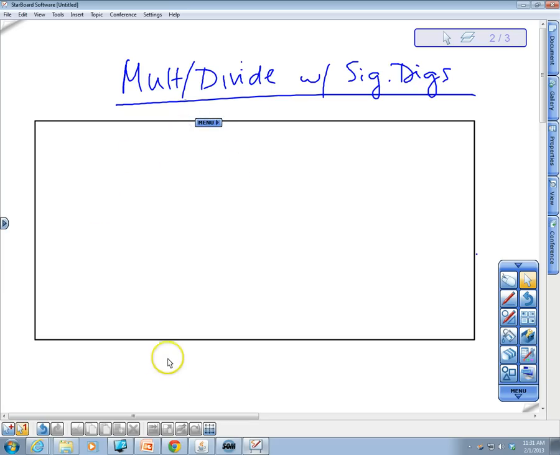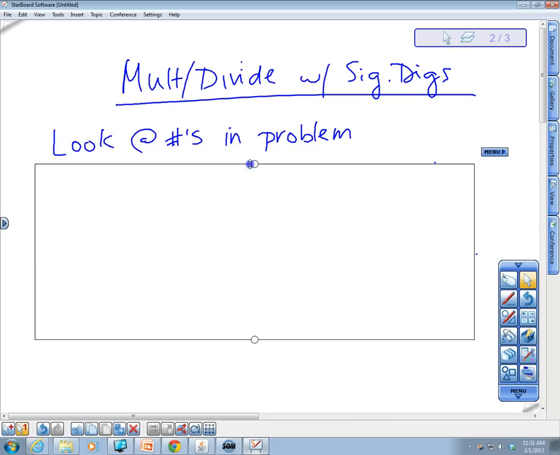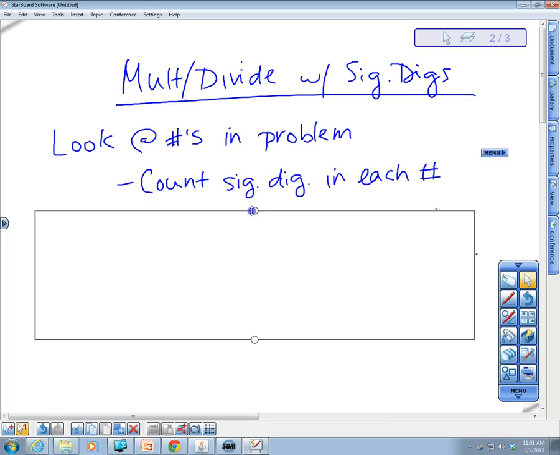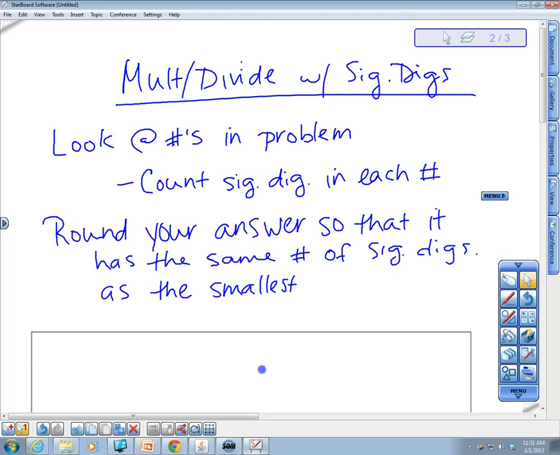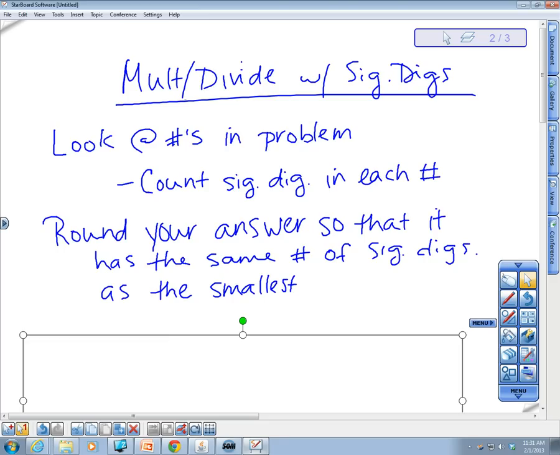The first thing that we do is we look at the numbers in our problem. We look at each number that we're given and we count the significant digits in each of those. Once we know how many significant digits each has, we know how to round our answer, because our answer should always have the same number of significant digits as the number from our problem with the fewest significant digits.